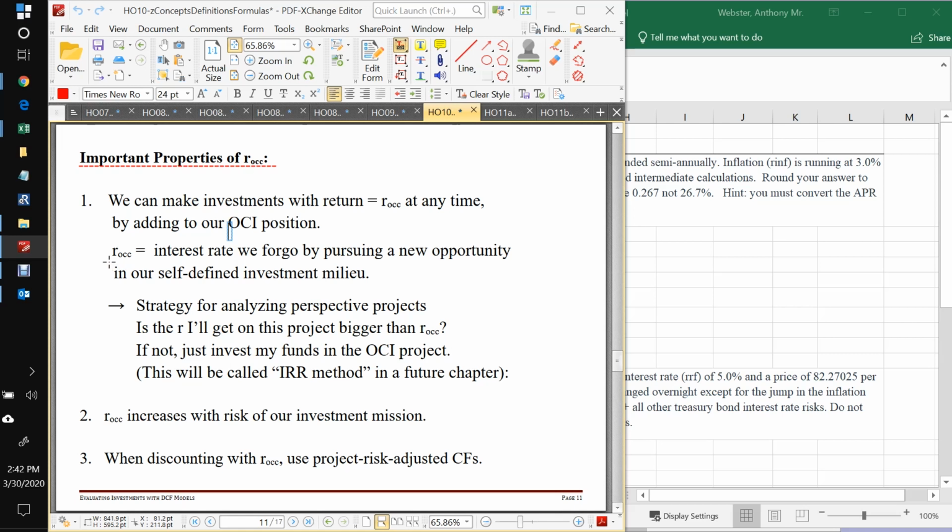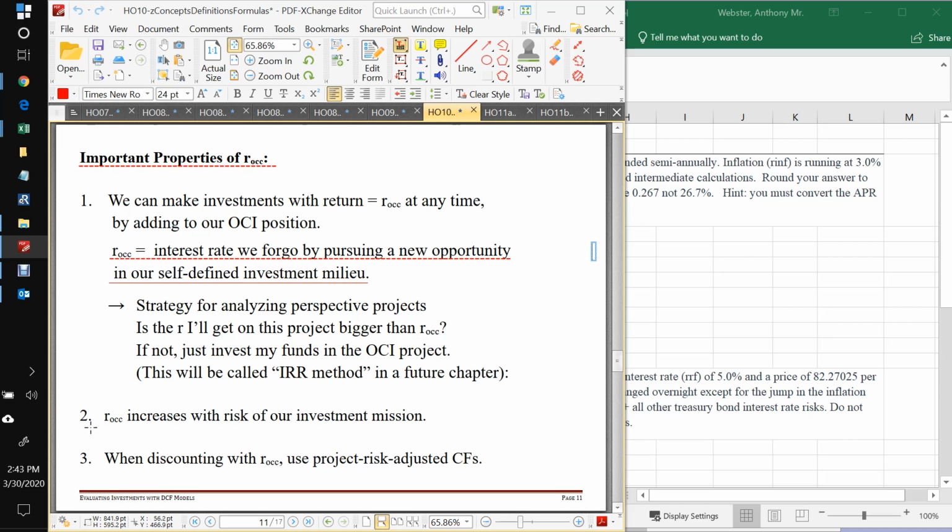So, to borrow from what some of you have seen in macroeconomics, our opportunity cost of capital is the rate we forgo by pursuing a new opportunity instead of putting our money simply in our opportunity cost investment position. So our strategy for analyzing projects becomes: is the interest I'll get in this project bigger than what I would get if I just threw my money into the opportunity cost investment project and earned the opportunity cost of capital?